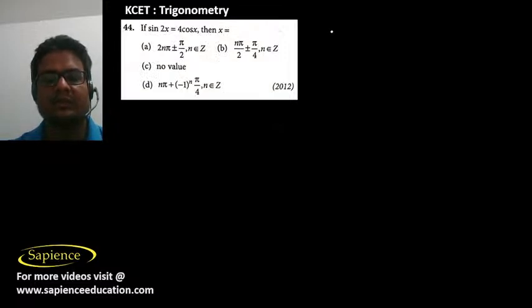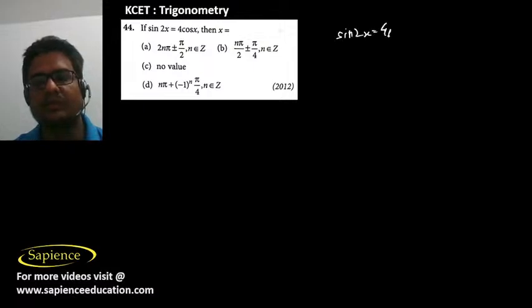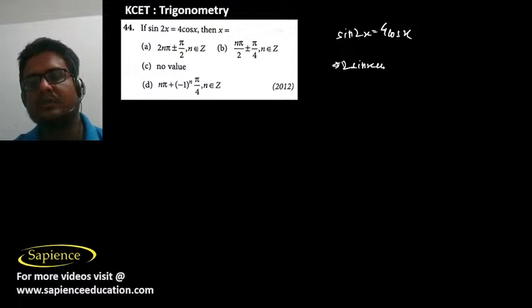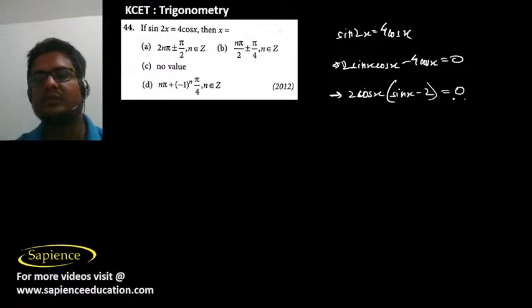Then it is told that if sin 2x equal to 4 cos x, sin 2x we can write this as 2 sin x cos x minus 4 cos x, that is equal to 0. So therefore we can say 2 cos x I can take as common, then this will be sin x minus 2, that is equal to 0.